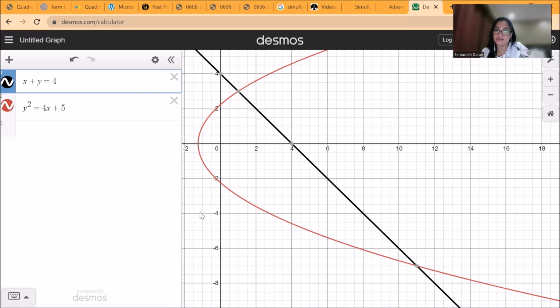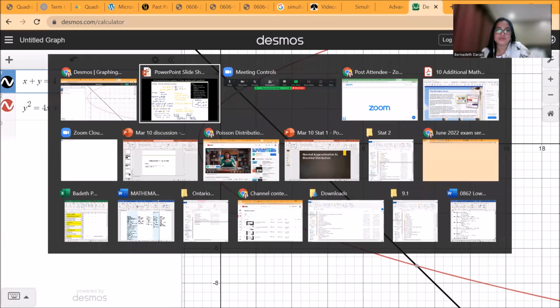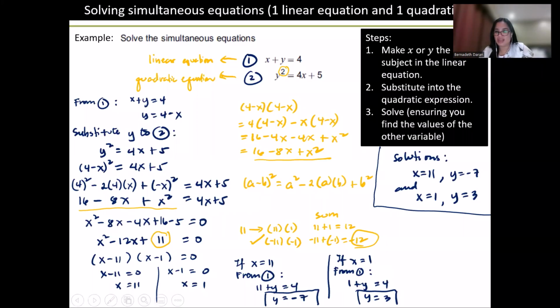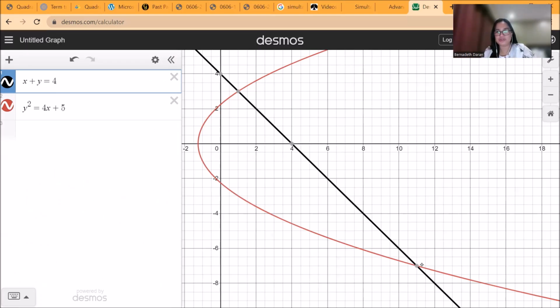Let us try to check our solution. So there, can you see? One of our solutions is x equals 1 and y equals 3. That is (1, 3). And what's the other point of intersection? The other point of intersection is (11, -7).